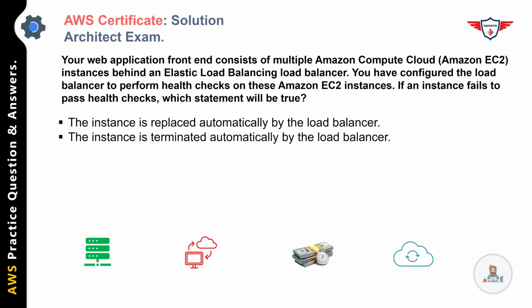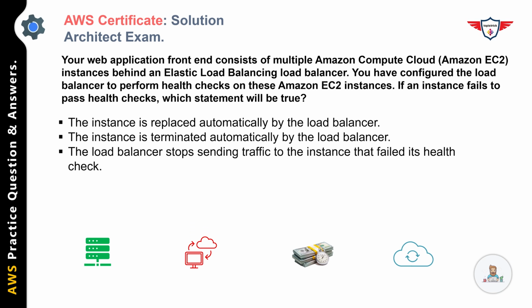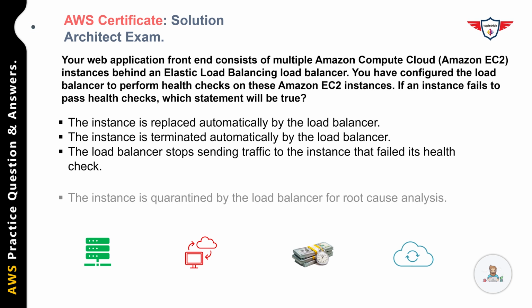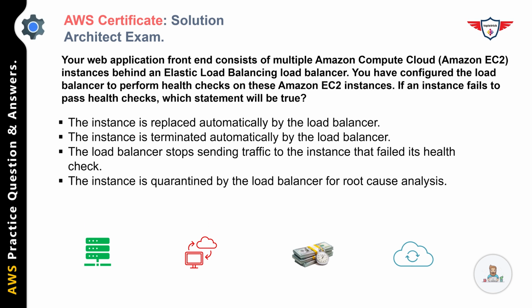The instance is terminated automatically by the load balancer. The load balancer stops sending traffic to the instance that failed its health check. And the last one is the instance is quarantined by the load balancer for root cause analysis. The correct answer is option C. When an Amazon EC2 instance fails the requested number of consecutive health checks, the load balancer stops sending traffic to the Amazon EC2 instance.